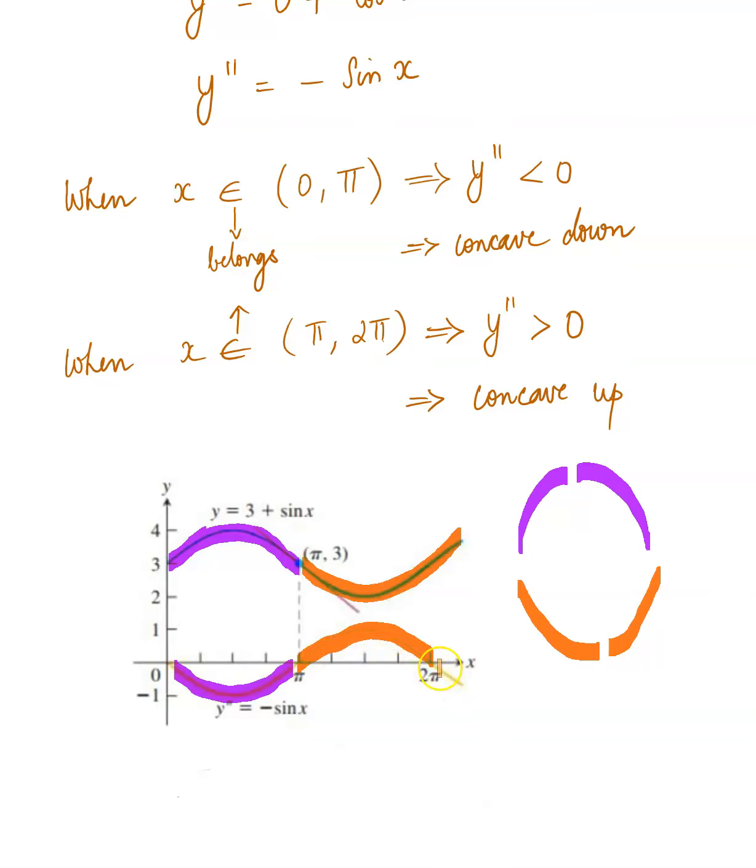After 2 pi, it goes down. So you're going to see it's going to be concave down again. But then we are only looking at the interval from 0 to 2 pi, and so you can see this behavior. And that's the reason why we really like the algebraic version of this, because you can actually use the information of the sign to determine if the curve will be concave up or concave down.